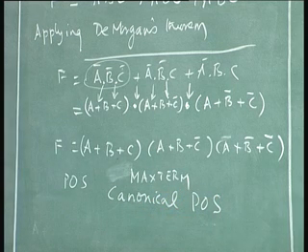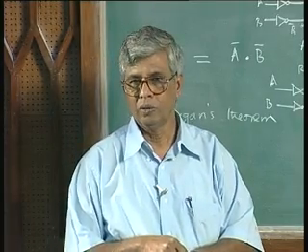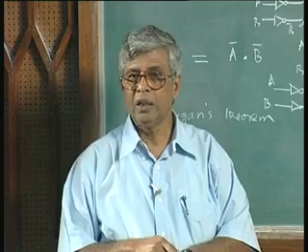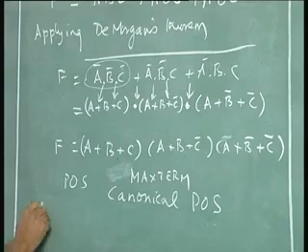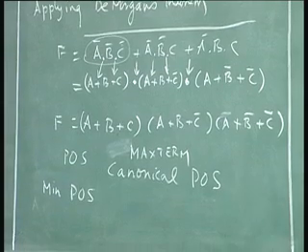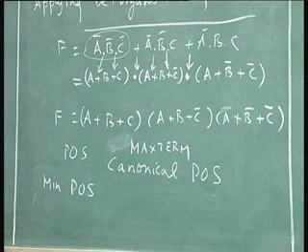So I can simplify this further by repeated application of Boolean algebra to give me the minimum product of sums, minimum POS, like minimum sum of products. So I can start with the truth table, proceed with min terms, a canonical sum of products, and reduce it to a minimum sum of products.